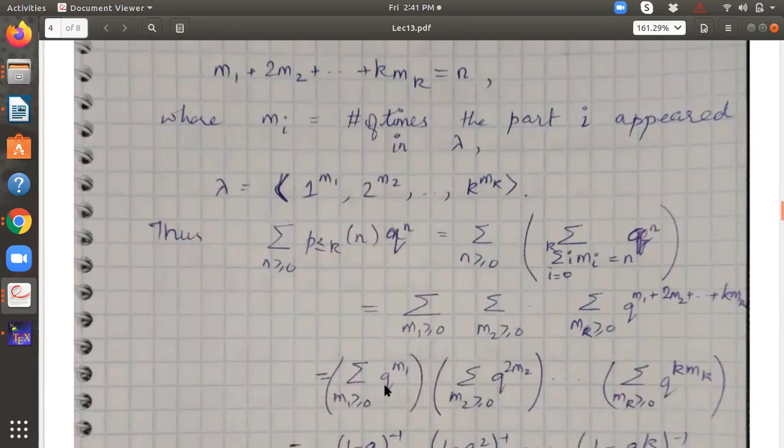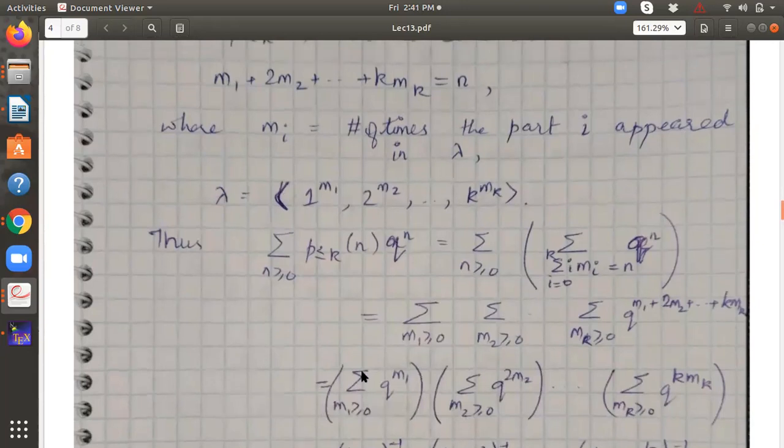So what is this number? What is this power series? What is 1 plus x plus x square plus x cube plus x4 and so on equal to? 1 by 1 minus x.